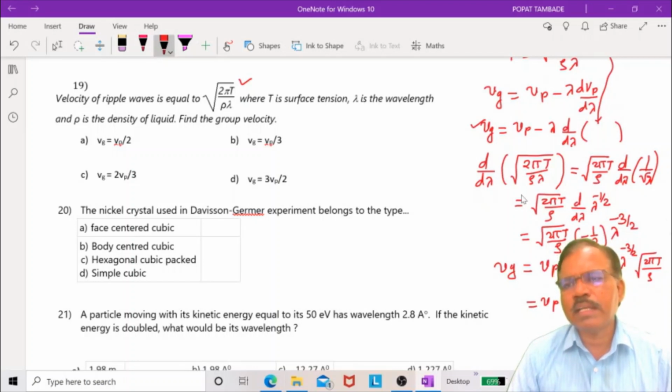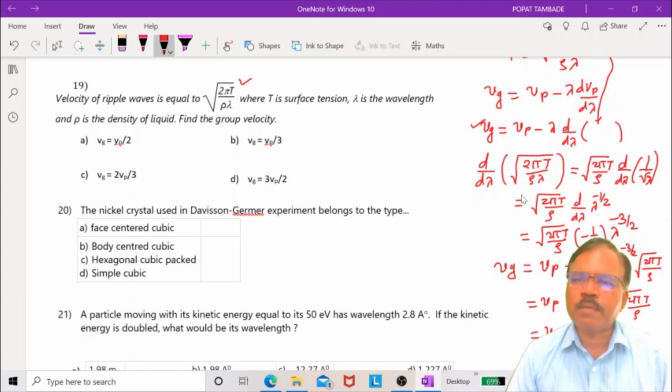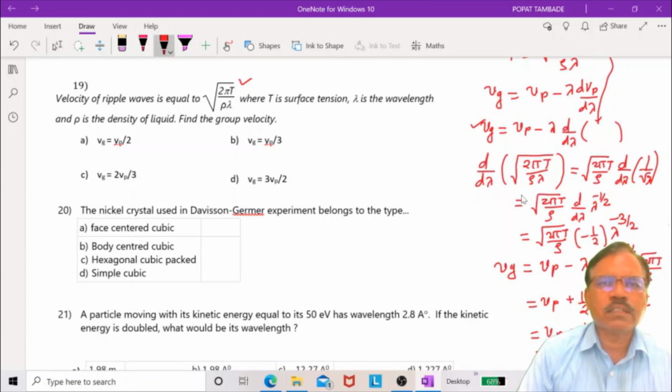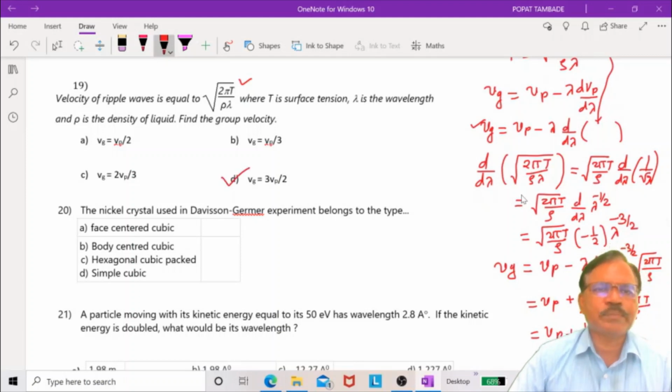You will get lambda raised to minus 1 half into root of 2 pi t upon rho. So I can write this as Vp plus 1 half. Now it is 1 upon root lambda, so I can simplify this as root of 2 pi t upon rho lambda. So this is Vp. So I get Vp plus 1 half Vp, which is equal to 3 by 2 Vp. So here 3 by 2 Vp, this answer is correct.